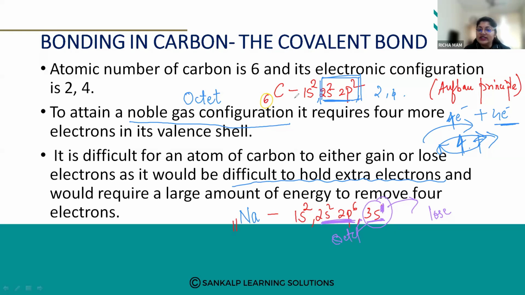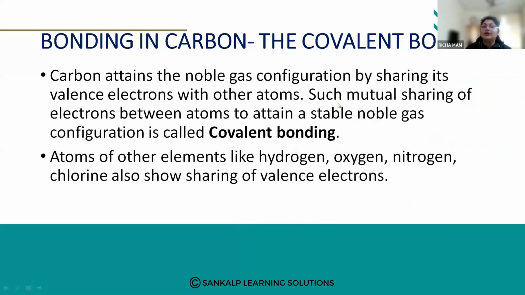In the same way, when we see carbon, there are four electrons in the outermost shell. Because of that, either to give the electrons or to take the electrons is very difficult. So what will carbon tend to do? Carbon will try to share the electrons. How will it attain the noble gas configuration? By sharing its valence electrons, by mutually sharing.